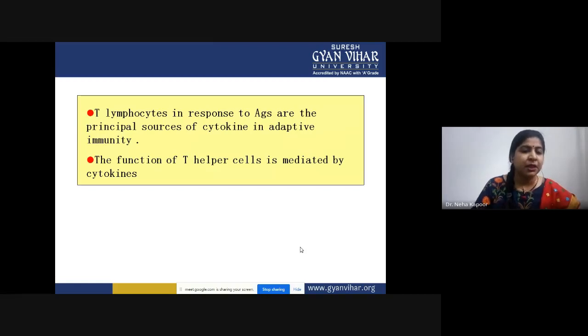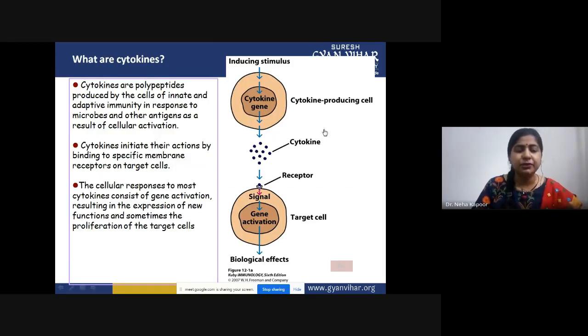So for these cytokines, whatever we have discussed till now, suppose this is a cytokine producing cell. It can be anything, a helper T cell or any kind of natural killer cell. Whenever a stimulus is there, the gene that is responsible for the expression of cytokines will get activated. It will start producing cytokines.